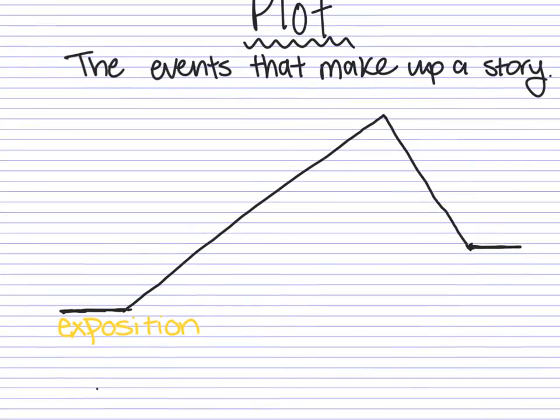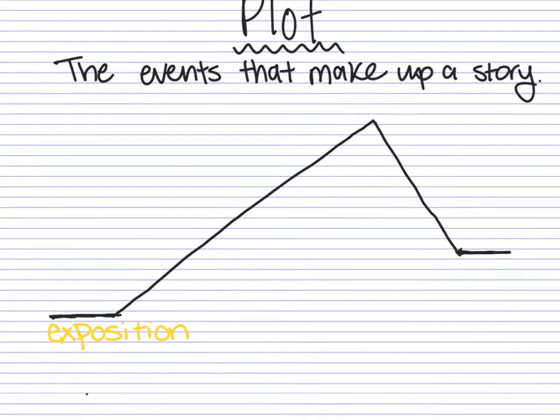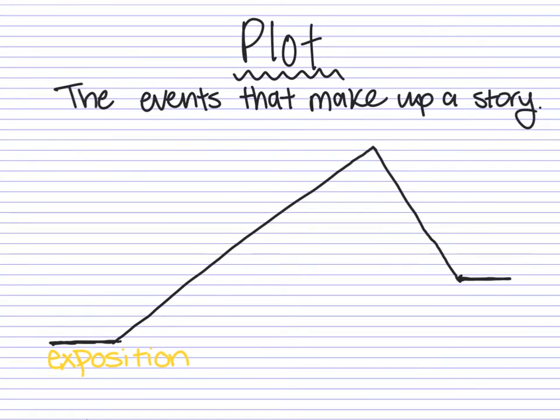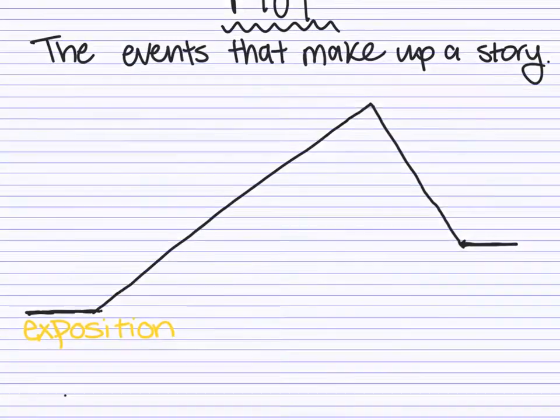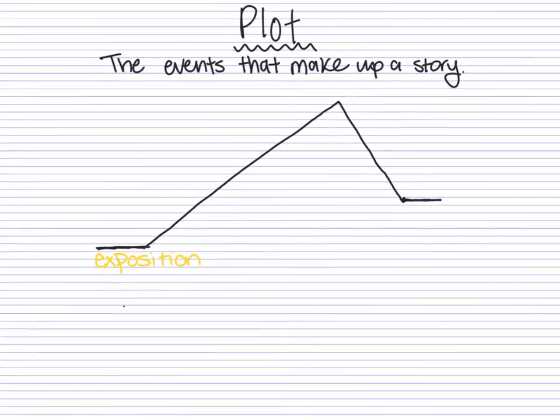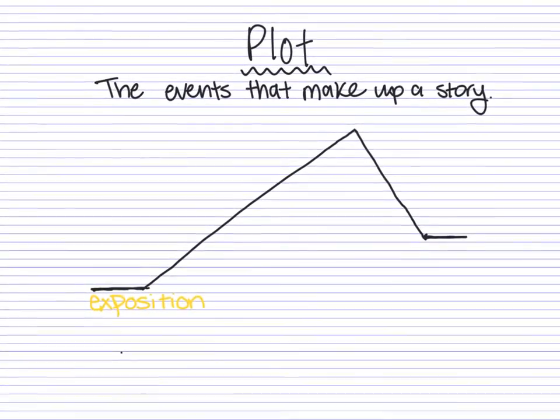Wow. Okay, this is great. So now I can actually pretend that I have a notebook like you. So I have my header, I have my definition, I have my diagram, and my first word, which is exposition. So below here, I'm going to define what exposition is.